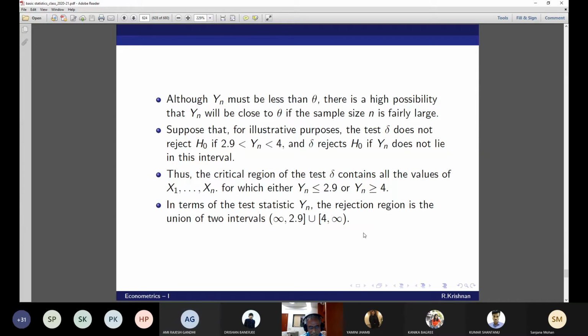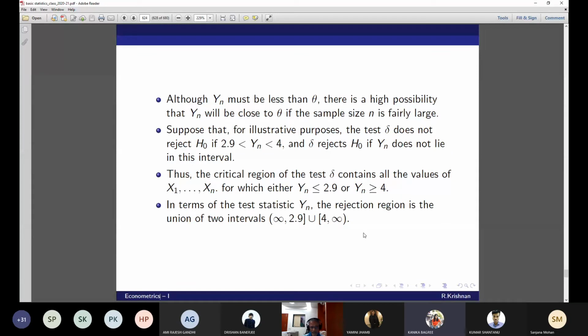Yes, sir. The second bullet point now: for illustrative purposes, suppose I'm taking theta to be 2.9. It is between 2.9 and 4. Sir, we could have taken 2.99 also if we wanted.